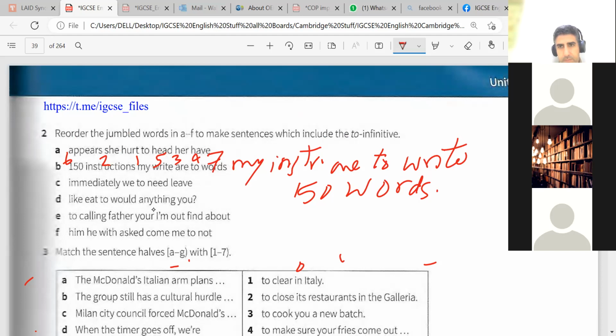I'm not sure, but maybe yes. Yes, it makes sense. Yes, she is correct. So my instructions are what? To write 150 words. Here is the purpose. What are the instructions? To write 150 words. Yeah, perfect. This is correct.